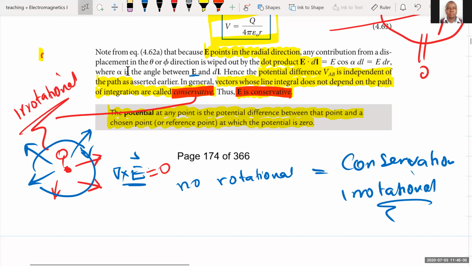Now we need to define something else: the potential at any point is the potential difference between that point and a chosen point at which the potential is zero. That is the general definition of potential.